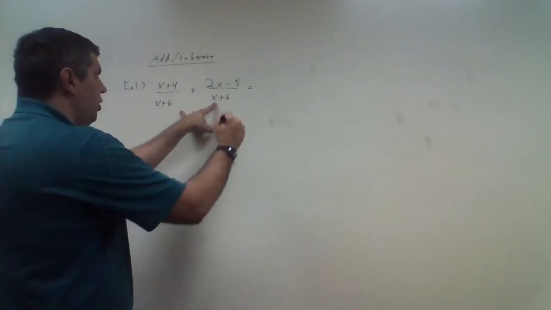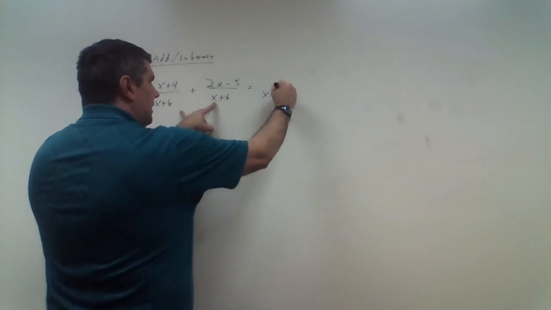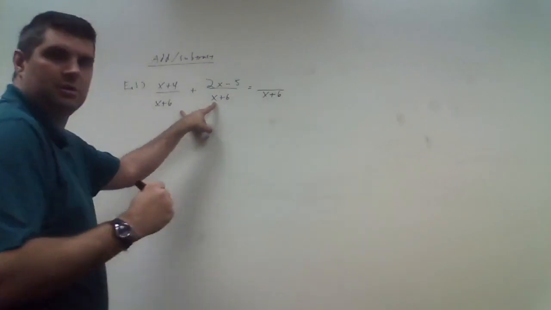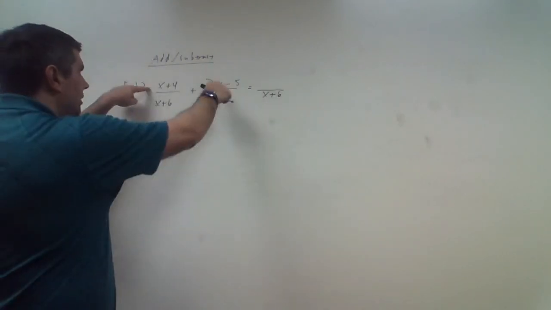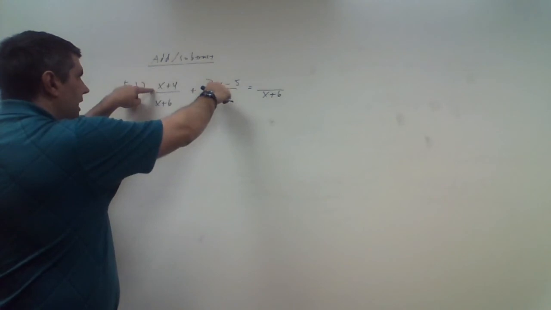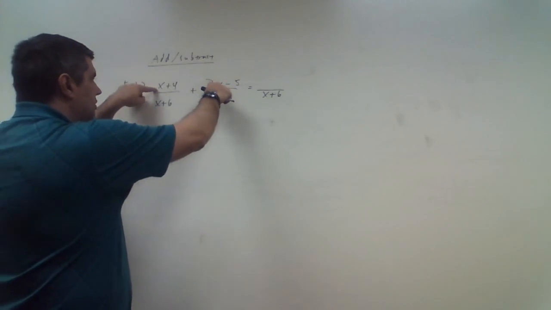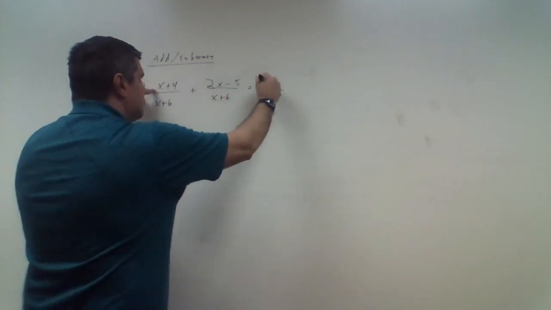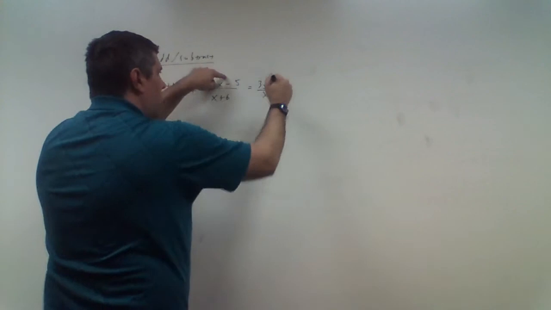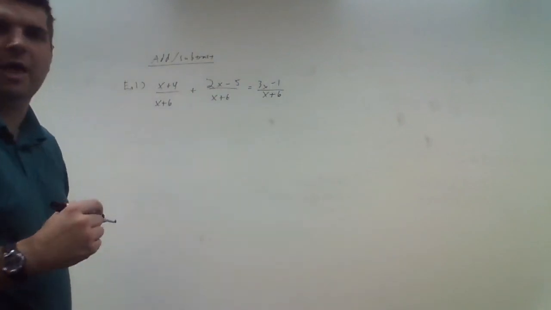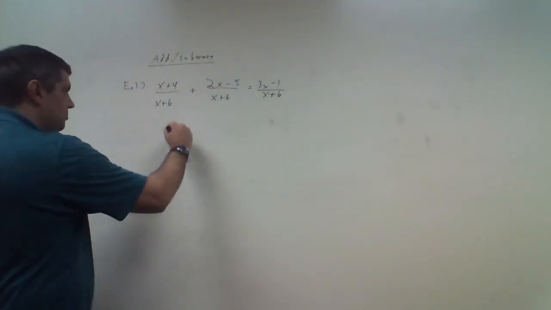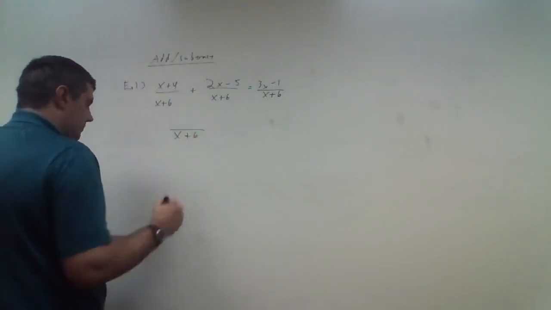So all you do is keep the denominator that you have, and then you add your numerators. So x and 2x is 3x, and 4 take away 5 is minus 1.